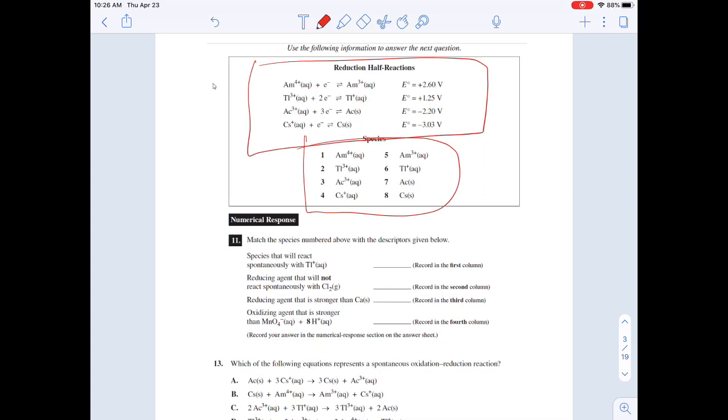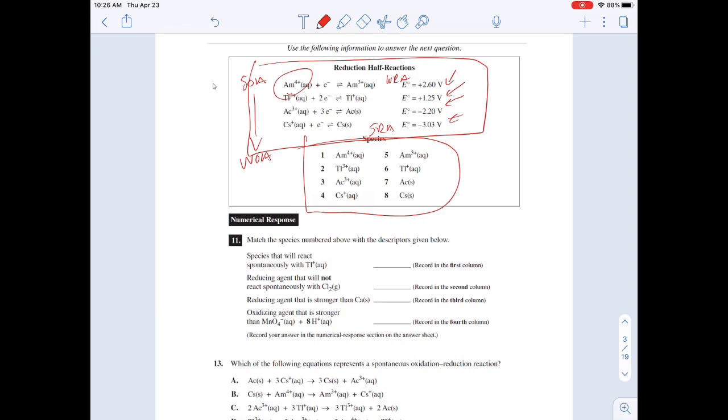This table has been set up for you, and it's easy to spot because the voltages are going from highest to lowest, most positive to lowest. So this is going to be our strongest oxidizing agent, this will be our weakest oxidizing agent, our strongest reducing agent will be down here, and our weakest reducing agent will be down here.